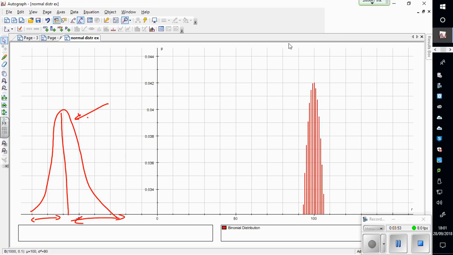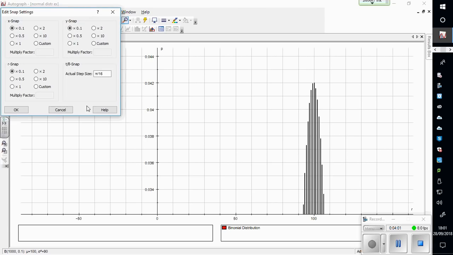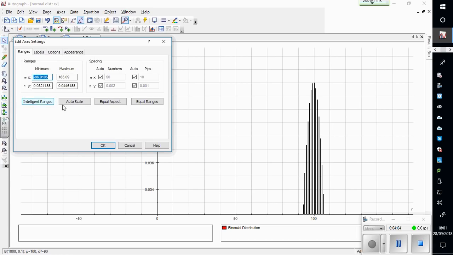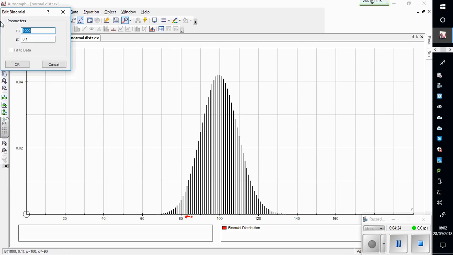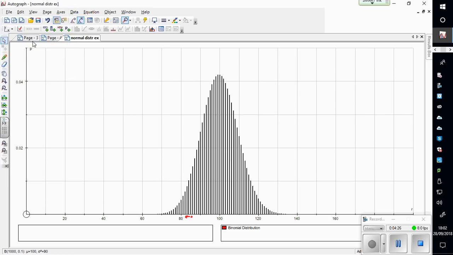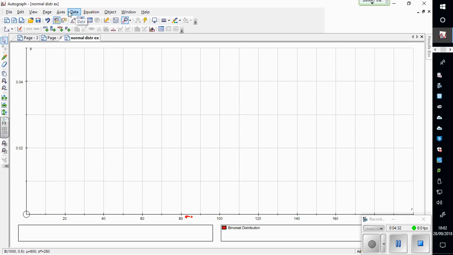And then if I go to n being 1,000, and p is 0.5, now the relative gap between them is quite small, and you can see we've got really good symmetry, and the numbers look really close together, like I've already said.